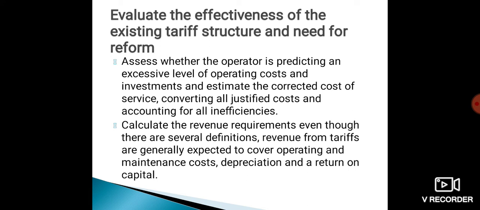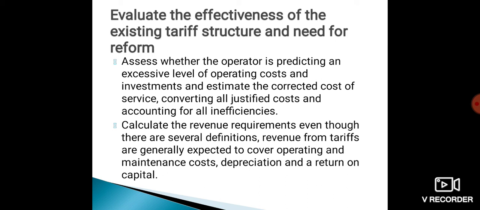Second step, effectiveness evaluation and need of reform. In this step, assess whether the operator is presenting an excessive level of operating cost and investment, and estimate the corrected cost of the service, covering all justified cost and accounting for inefficiencies. That means first we have to check whether the utility is taking extra cost, whether they are taking more cost than required.